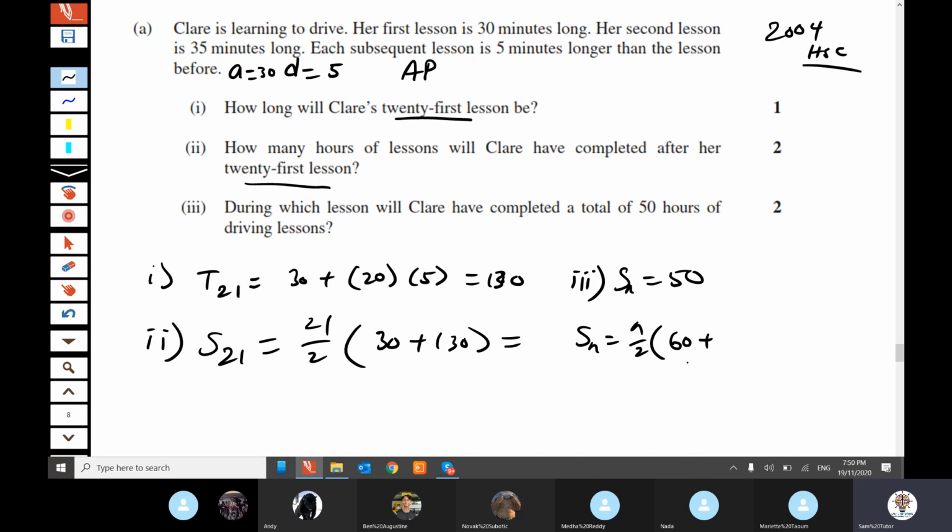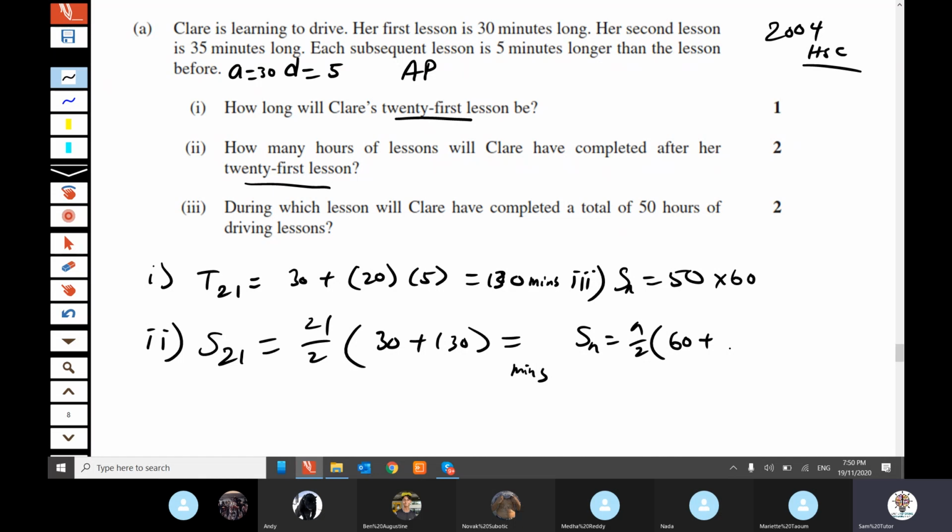Rushing. Even part ii. No, that's the 21st lesson. Wait, T21, maybe you're right. I should have taken it easy. 130 minutes. This one here should have been whatever the sum is in minutes. 50 hours should be 50 times 60. Is that what you meant?